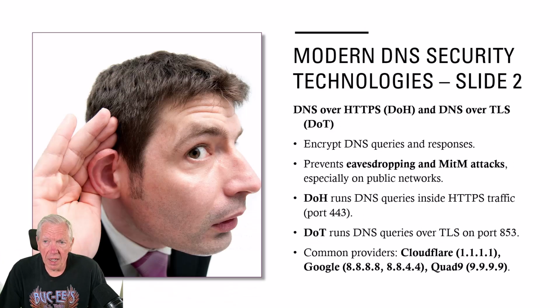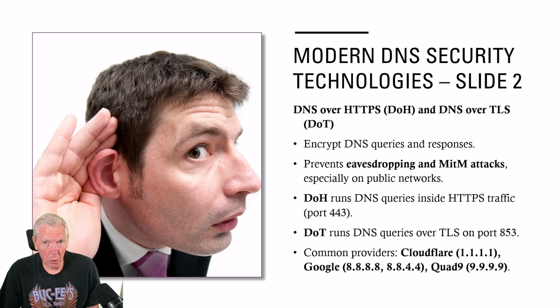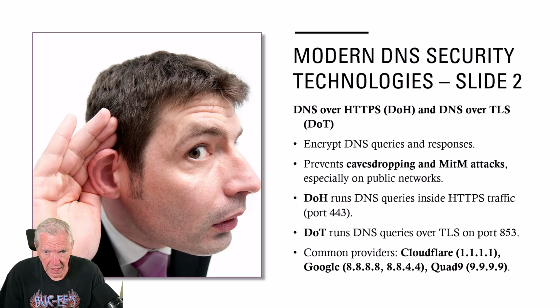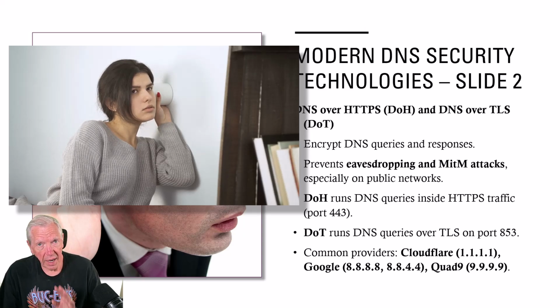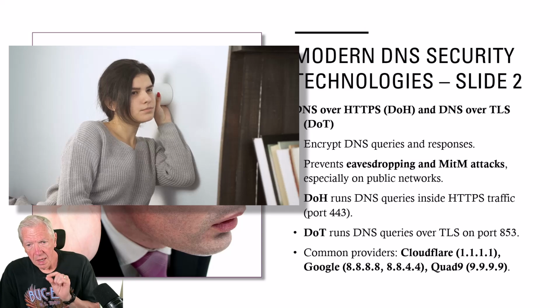Now, there's another DNS security technology called DNS over HTTPS, lovingly called DOH. And there's DNS over TLS, called DOT. These do encrypt the DNS queries and responses. That prevents eavesdropping. I can't listen to what DNS is doing. I can't do man-in-the-middle attacks, especially on public networks.